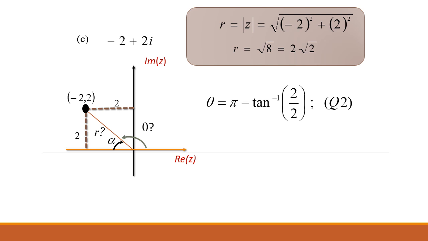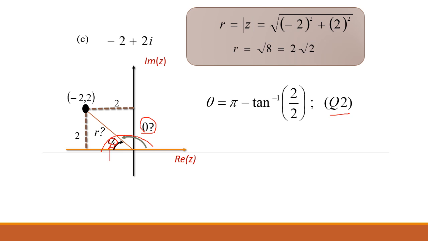For the argument, since it is in the second quadrant, what we should do is find alpha first. How to find alpha? This one is actually arctangent of opposite over adjacent, so 2 over -2. But don't forget we have the modulus, that's why we have arctangent of 2 over 2. And then what we want to find is the argument here. So the argument is equal to the total angle, pi minus alpha.